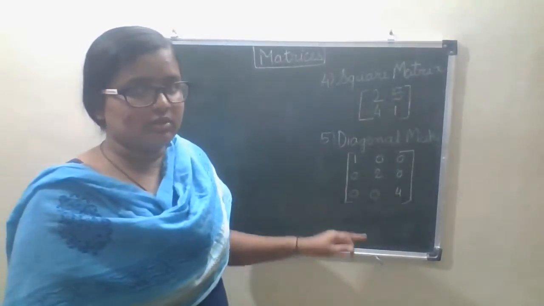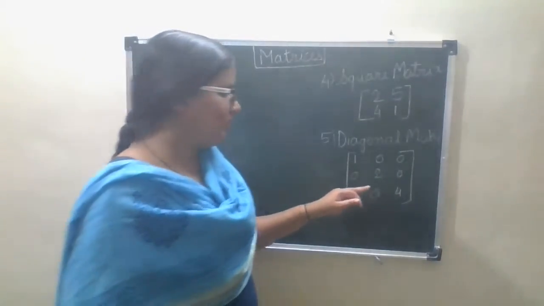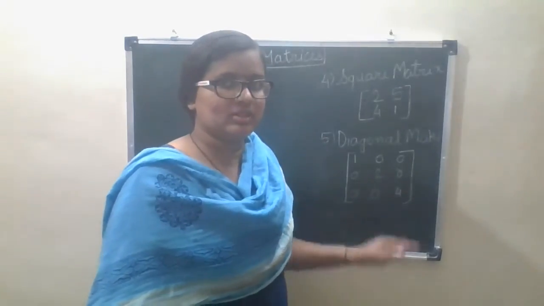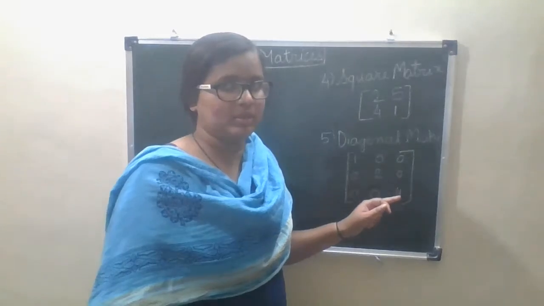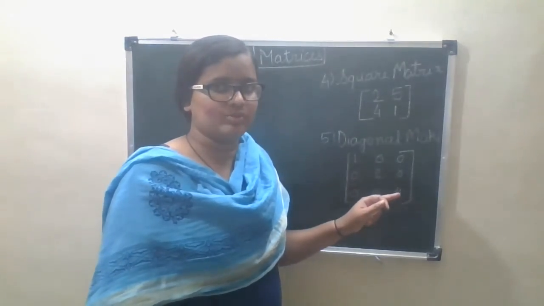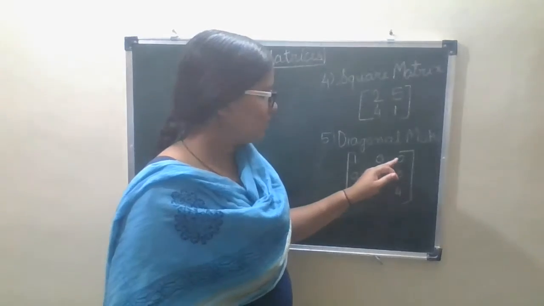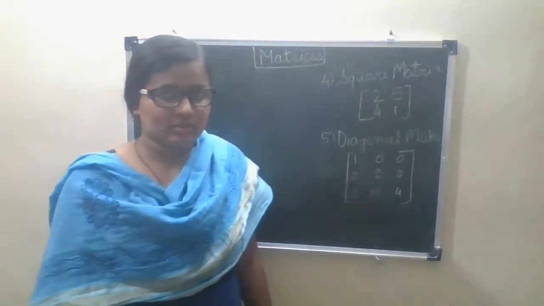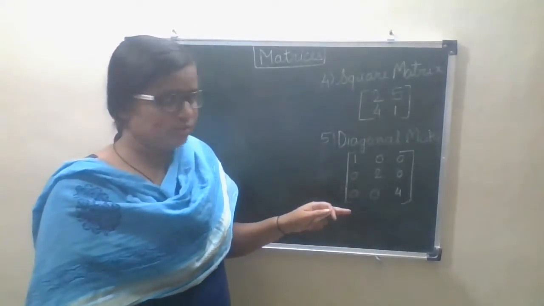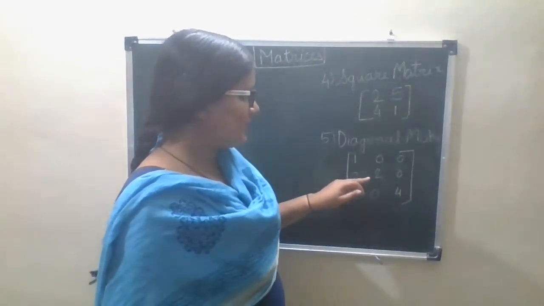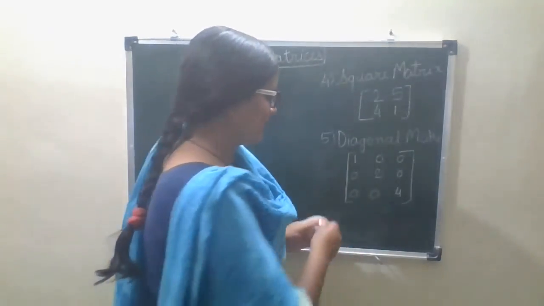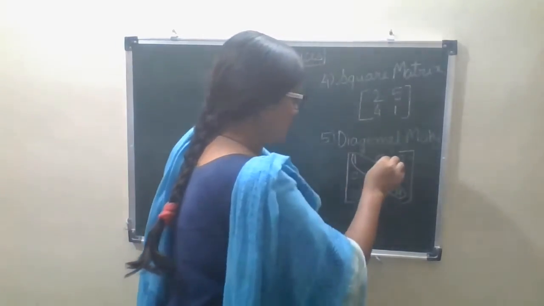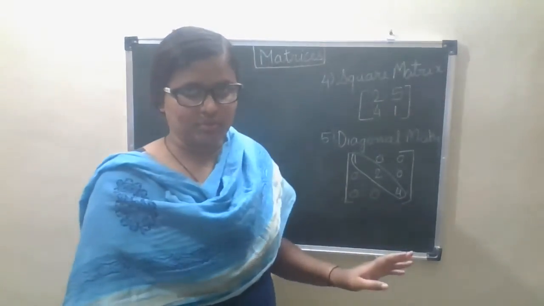Observe that here, except the diagonal, all the elements are zero.